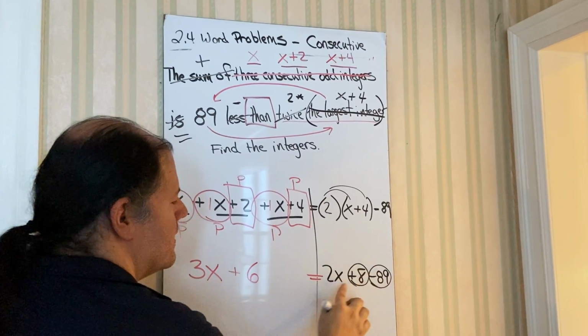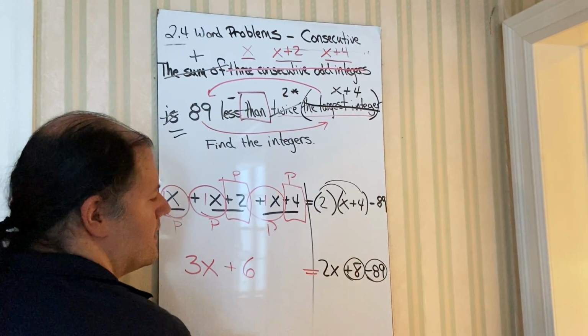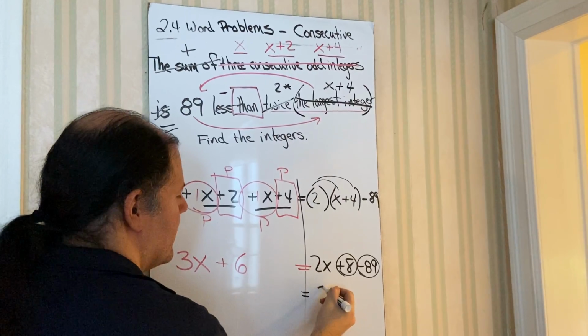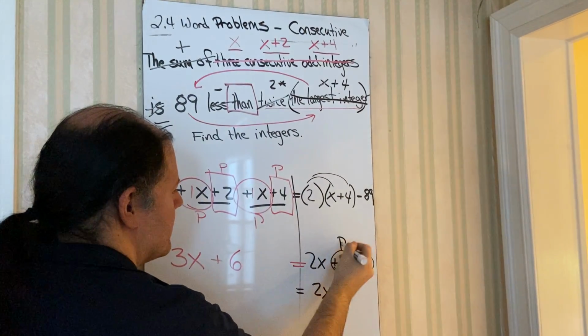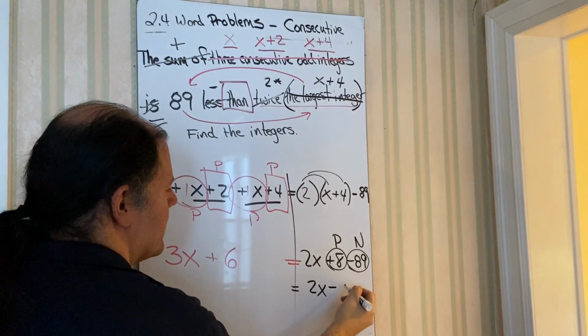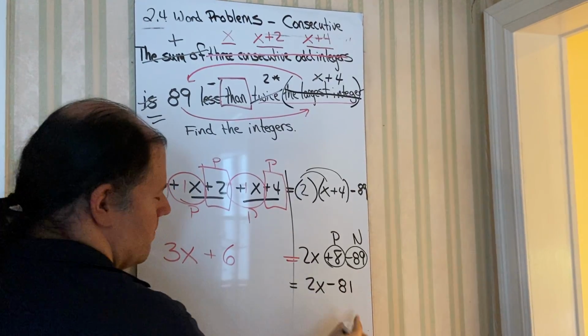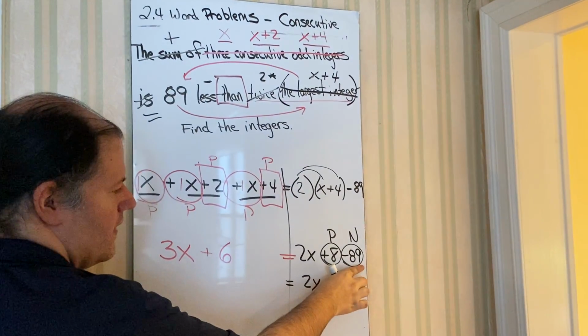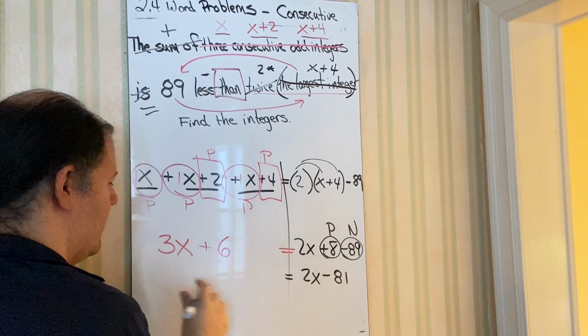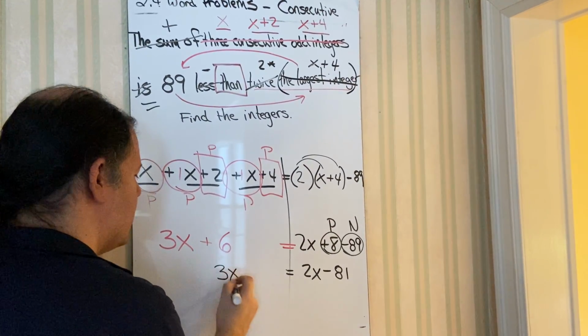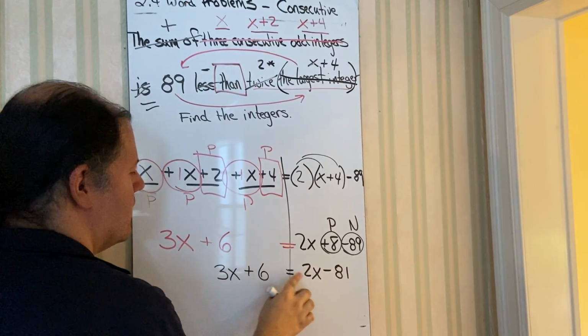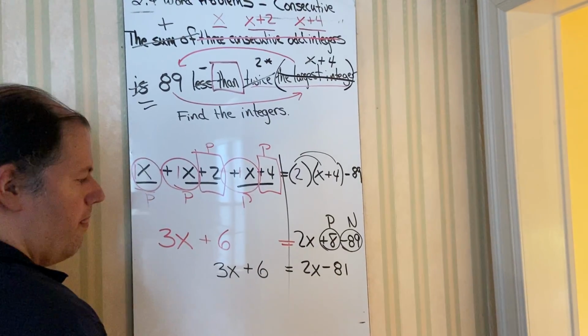This and this. Coefficient, variable, constant, constant. So we can simplify this. This is a positive, this is a negative. You're going to get a negative 81. Remember, subtract. Who wins the tug of war? 89 players, so team negative. So we have 3x plus 6 equals 2x minus 81.